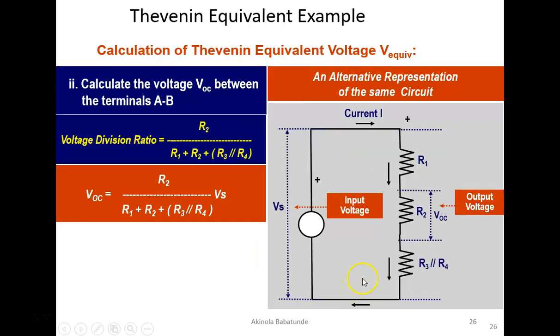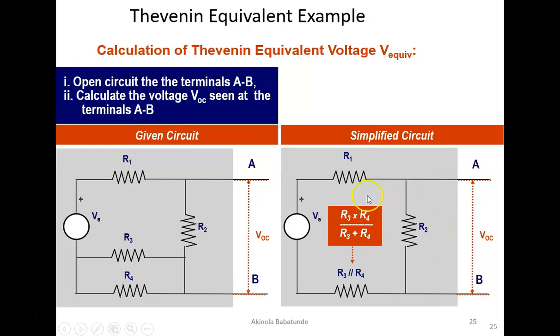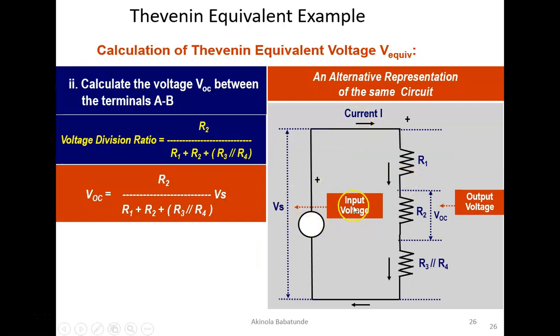In that case, this is what you're going to have: R1 in series with R2, which is also in series with R3 parallel R4. This circuit is equivalent to the circuit you're looking at. This is the simplified circuit, and it is equivalent to this circuit, depending on how you choose to draw it.